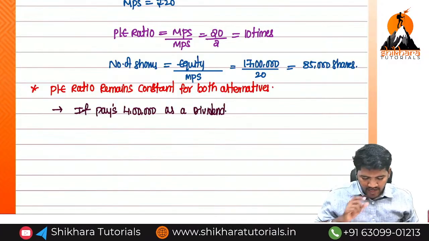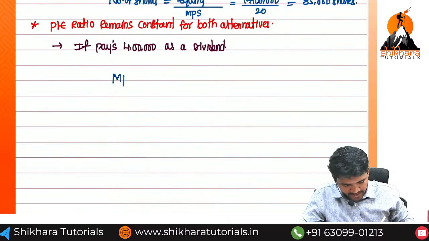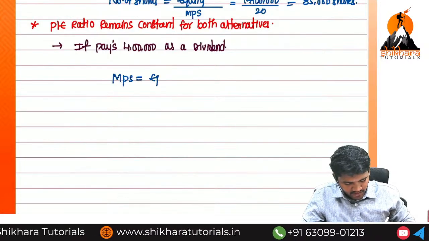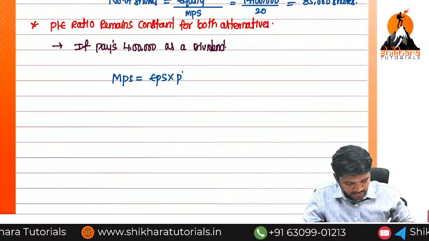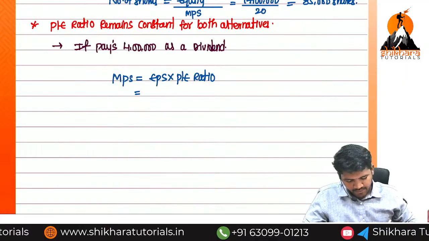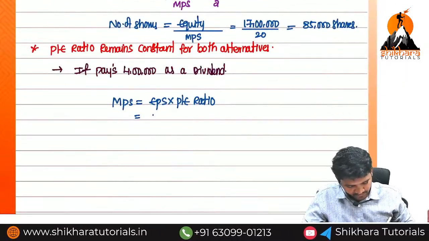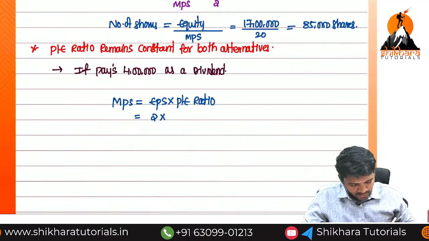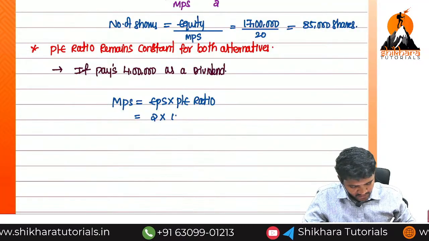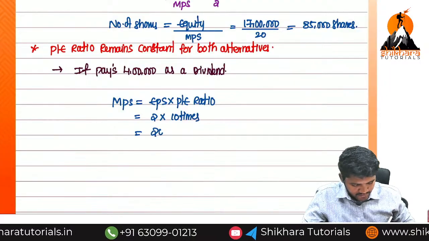If it pays 400 lakhs as a dividend, MPS equals EPS into PE ratio. Now what is the EPS? 2 rupees. PE ratio 10 times. The answer is 20.